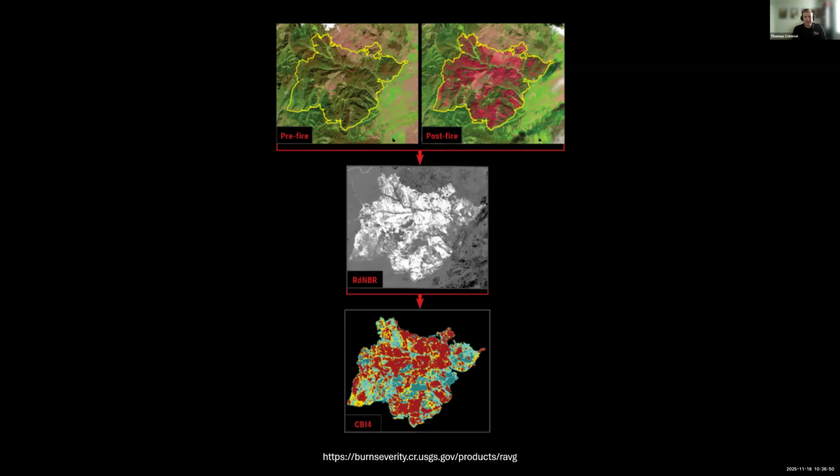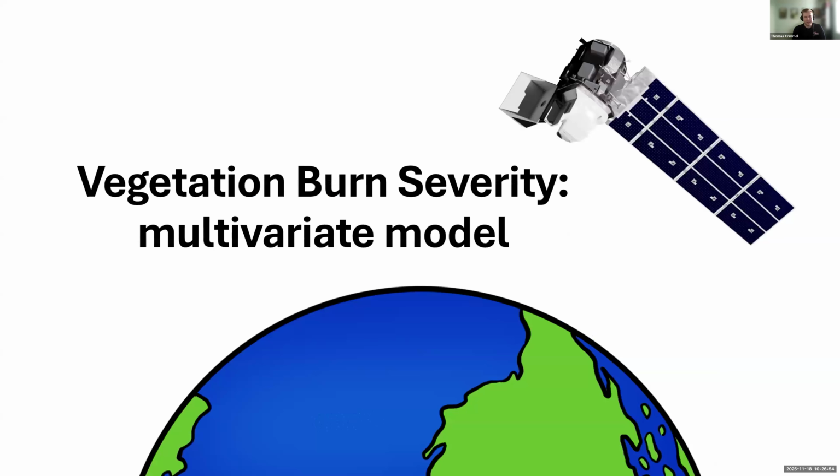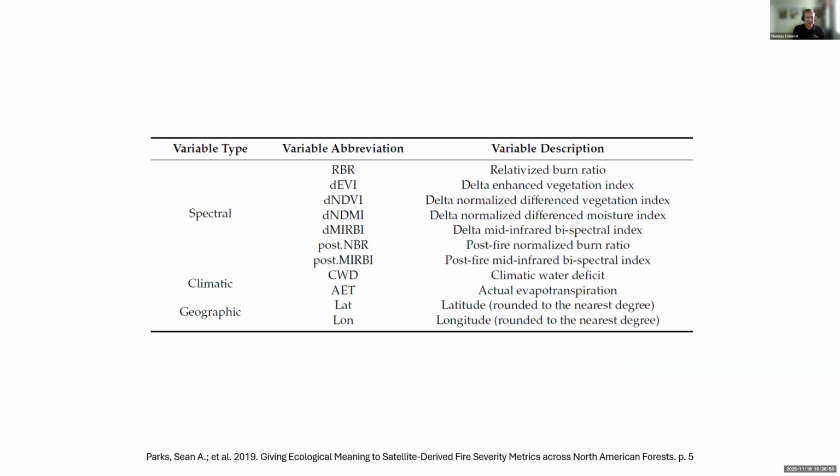There have been some improvements. The model that we used is a multivariate model, from a paper by Sean Parks and several associates in 2019, giving ecological meaning to satellite-derived fire severity metrics. The team took several different variables associated with burn severity, climate and geography, and tried to see, using a random forest model, what was most influential in predicting the actual composite burn index value of the field data.